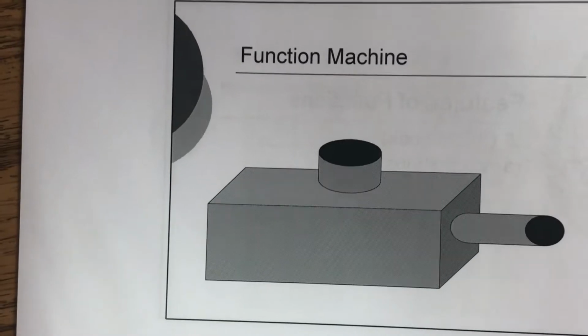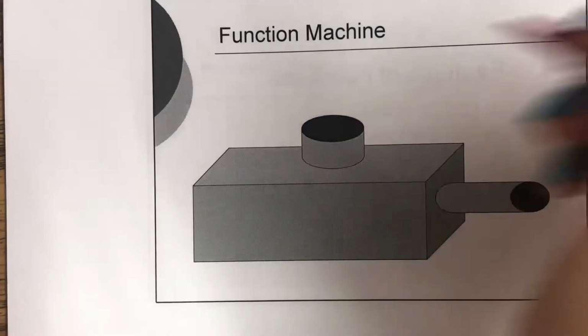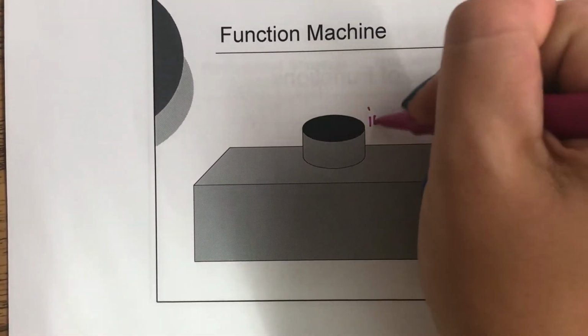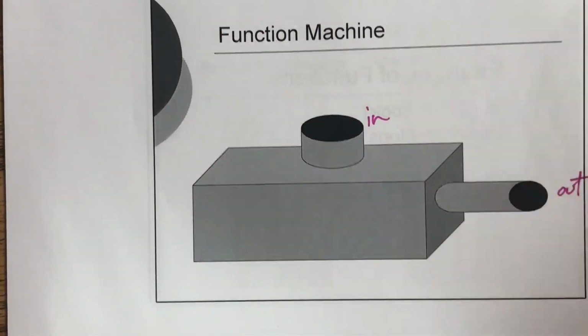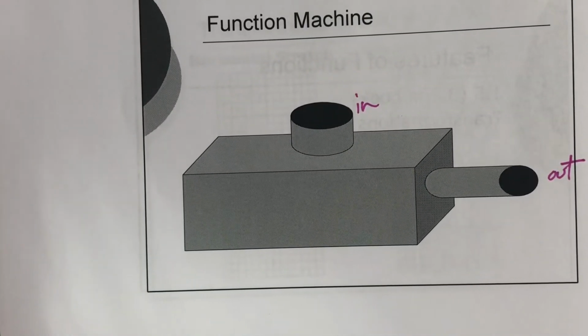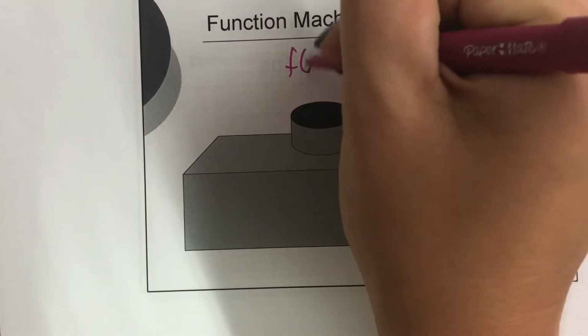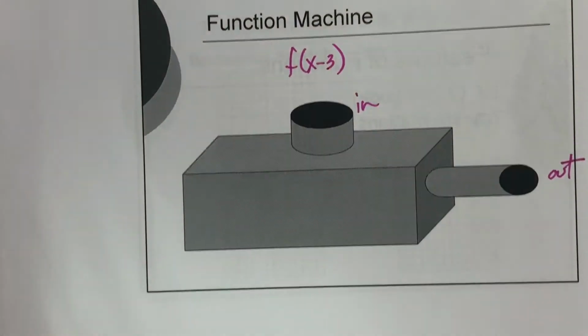Okay, so let's talk about this function machine. There's inputs and outputs. This is in, this is out. Things that affect the input, like f of x minus 3, change it before it even goes in.